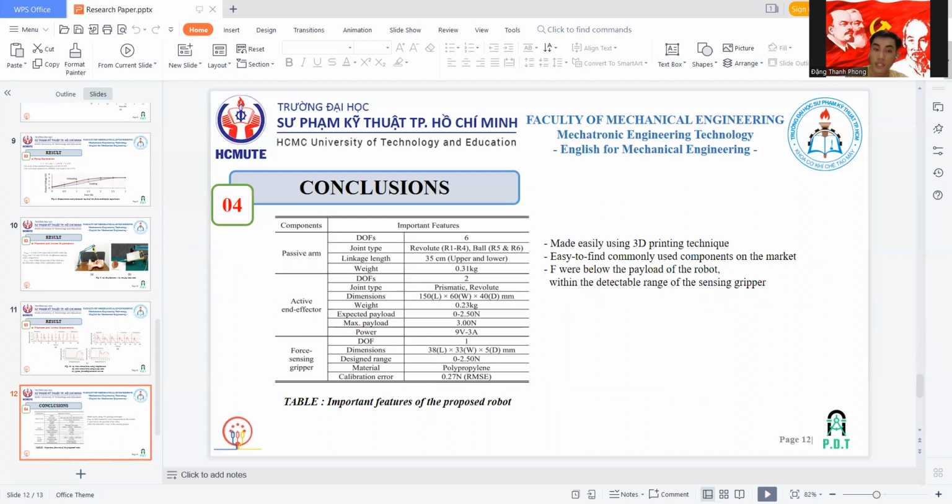The robot is intended to be used in a simple way by assembling different pieces together and controlling from the mobile app. It is concluded that the swab forces were within the detectable range of the sensing gripper and had a similar range when tested using different facilities.